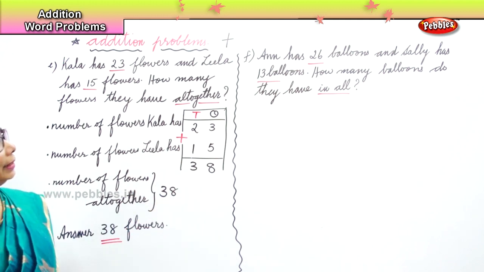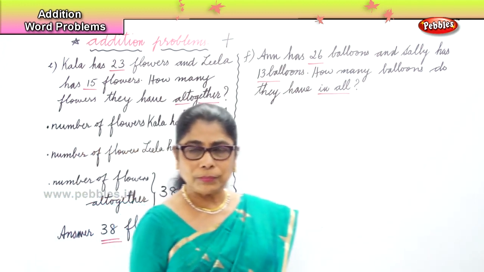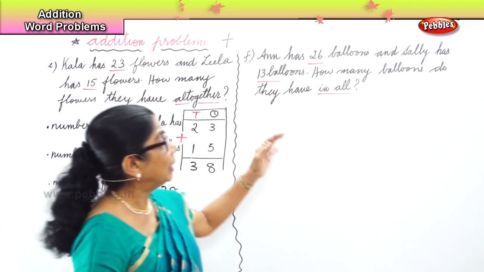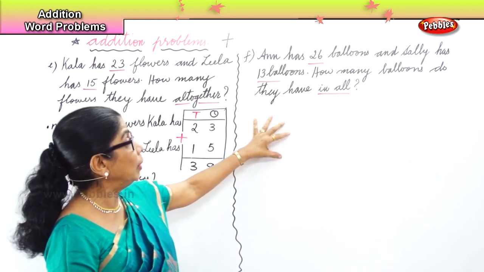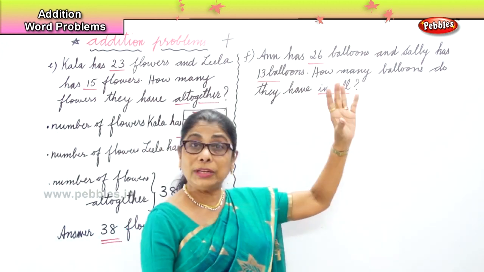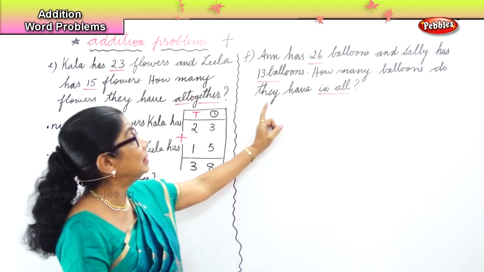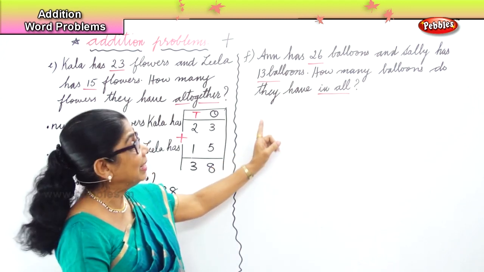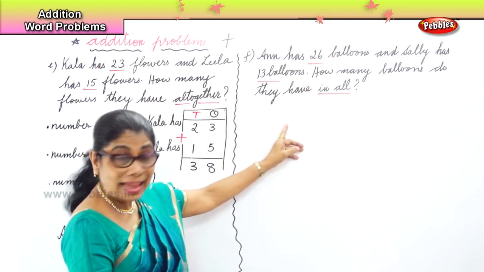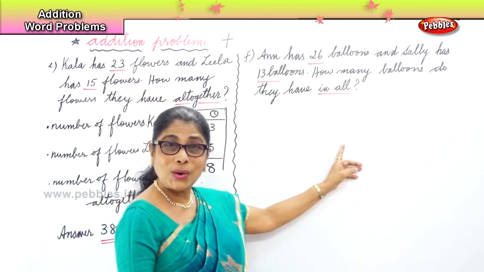The next story is Anne having 26 balloons, and Sally has 13 balloons. And how many balloons do they have in all? What is the first statement? The first line to be written is number of balloons Anne has, number of balloons Sally has, and finally total number of balloons in all.